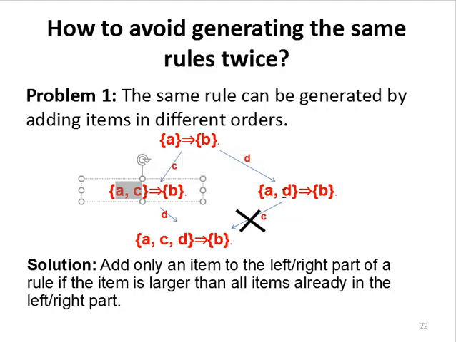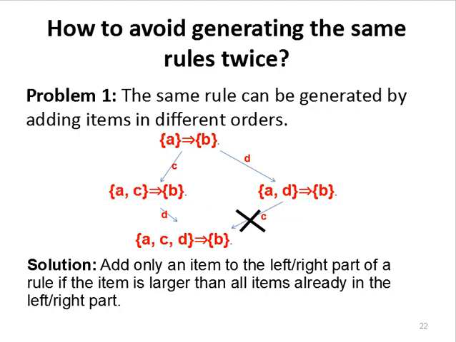But if we have ADB, we cannot add the C, because C is smaller than D. So we don't follow the alphabetical order A, B, C, D. So if we apply this, we solve the problem that the same rule can be generated by adding the items in different order. Okay.